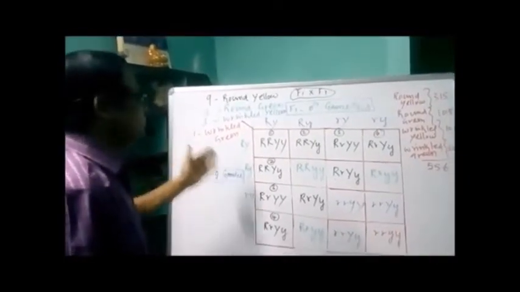Total 556. So this is the total number of individuals he received. He made it into a fraction of 9:3:3:1.